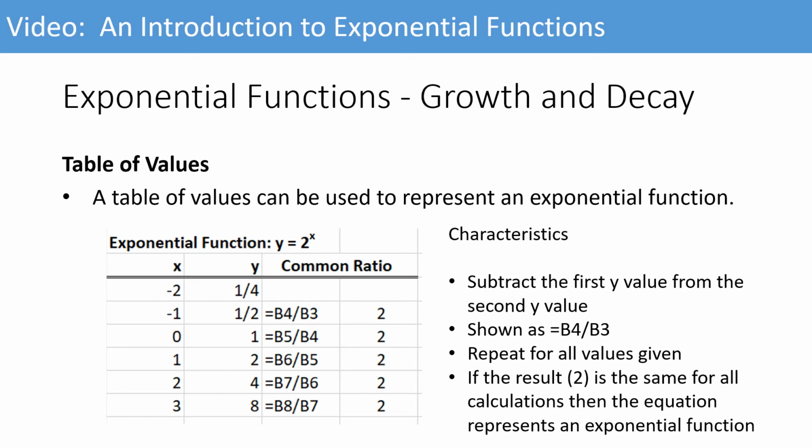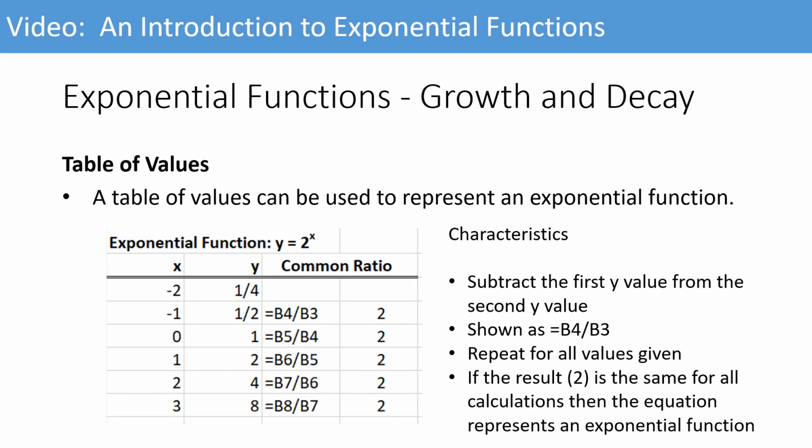You will get the answer 2. If you continue entering in these values of the formula that I've given you, you will see that all the values for the common ratio are 2. And if you look at our equation, 2 happens to be our base.